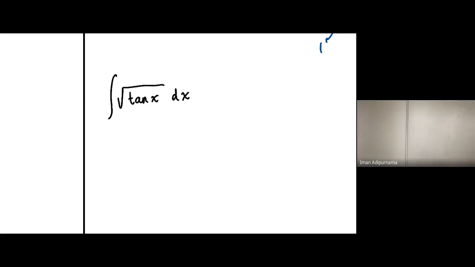But the clue is the first step. The first step is really essential. If the first step is wrong, then you cannot really solve it. The first step is using substitution.